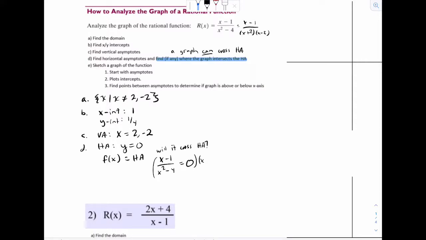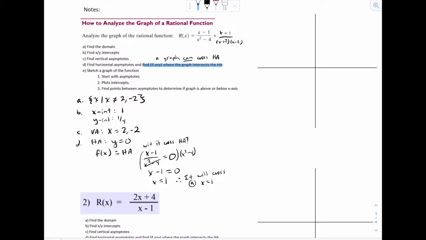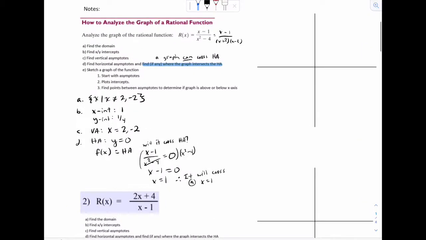We can actually solve this. Let's multiply by x squared minus 4. X minus 1 equals 0. And look at that. X equals 1. Therefore, it will cross at x equals 1. Okay, so now that we have that, that's like the main information we need for this.